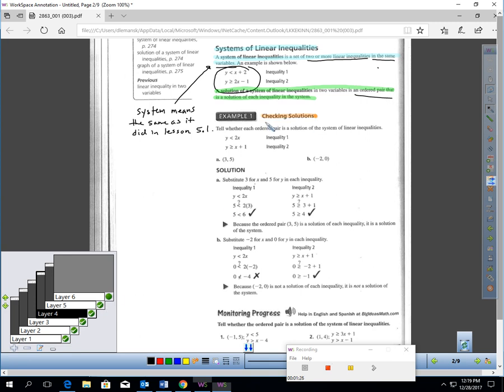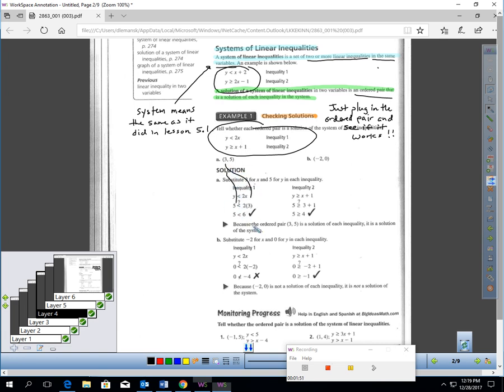So let's talk about how we check to see if an ordered pair is a solution to a system of linear inequalities. It's really easy. Just take the ordered pair, plug it in, and see if it works. So for this example here, let's see if (3, 5) is a solution. If I plug 3 in for x and 5 in for y, do I get a true statement?